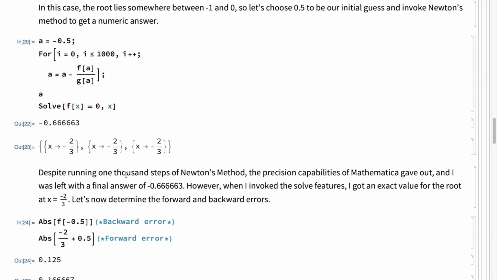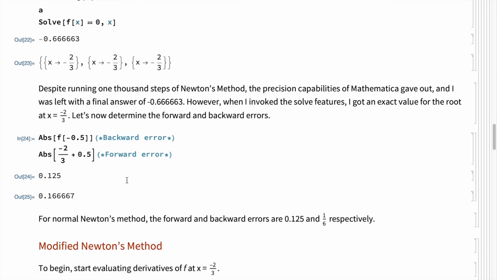One thing to note here is that despite running over 1,000 steps of Newton's method, Mathematica is unable to get a more accurate answer out to 7 decimal places, and so we are going to get a little bit of an error here. However, when we invoke the onboard solve functions within Mathematica, we find that the root lies at exactly x equals -2/3. Then we can evaluate the backward and forward error for our result.